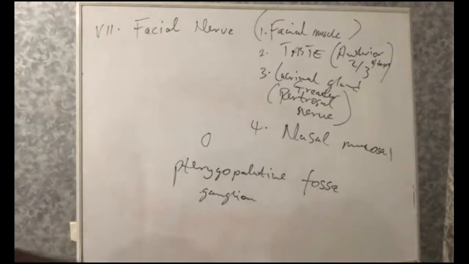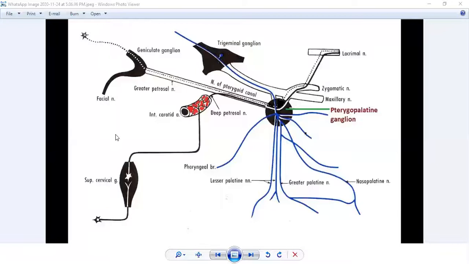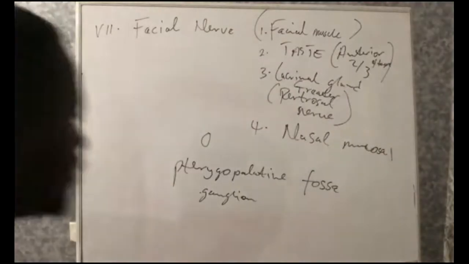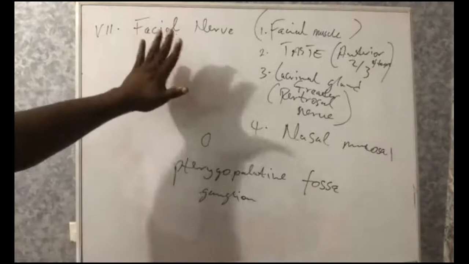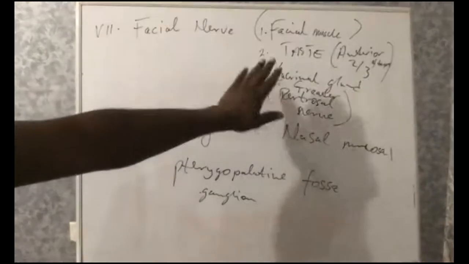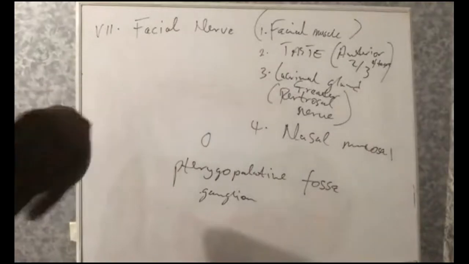Yes, so you have the image there, right? I just want to clarify certain things, then I'll use the image to give you the explanation. So first of all, we have the facial nerve, and we have some functions here. We said it controls the facial muscle.